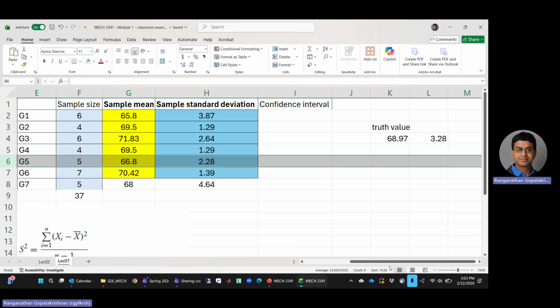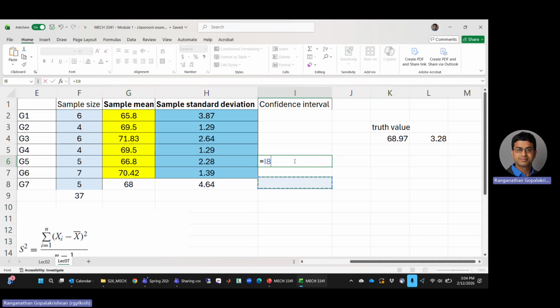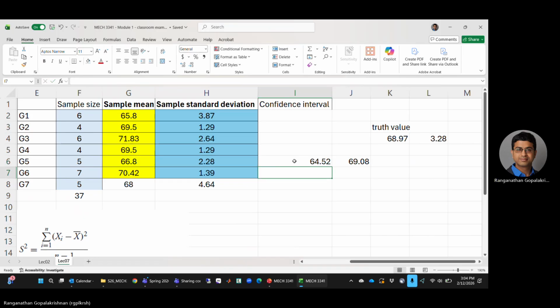So if you just roughly take one standard deviation from the mean, how much is that? How much is one standard deviation plus this, and one standard deviation to the other side, like mu plus sigma and mu minus sigma? Does this range contain the true value?